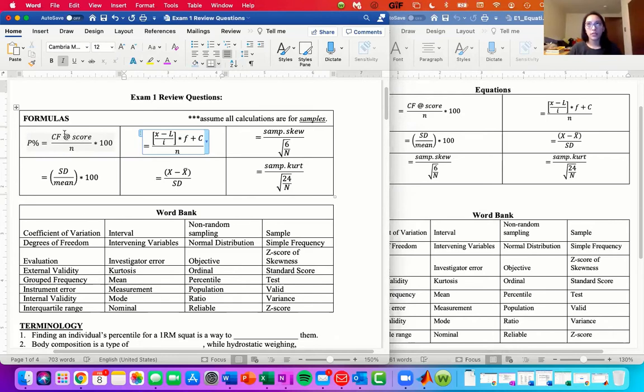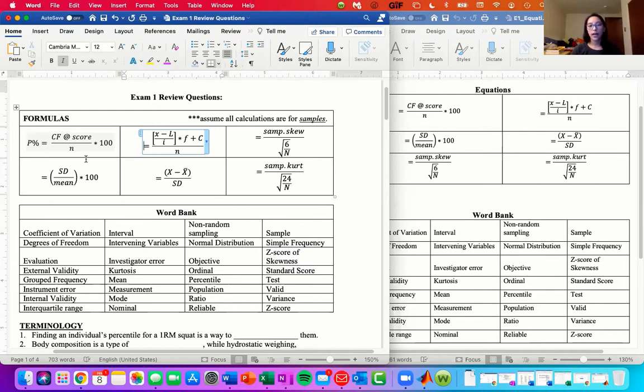Like in Excel, you could say count if less than, or greater than, whichever direction is worse than the score you're interested in, or equal to a given raw score, and that will give you the cumulative frequency at that score.